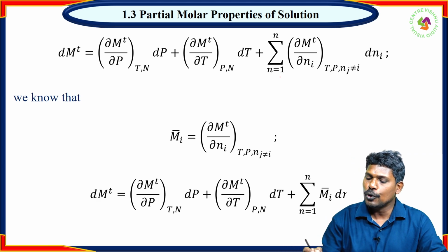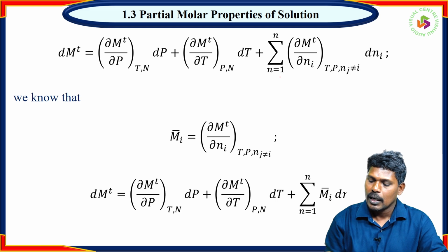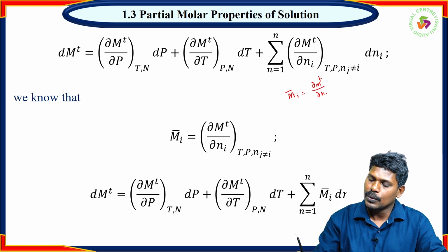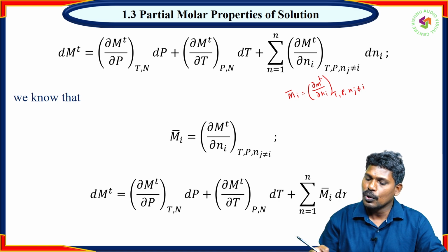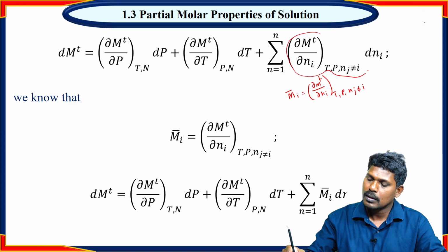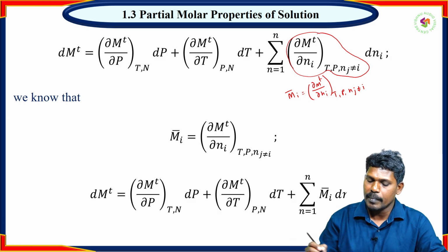But we know that M̄i is equal to ∂Mt/∂Ni at constant temperature, pressure, Nj not equal to i. That we know. So this is M̄i.